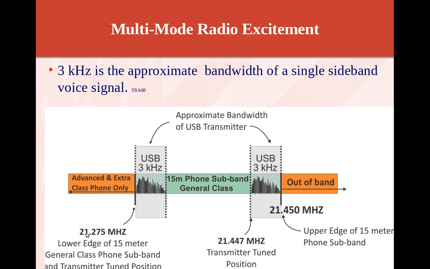So if you tune to 21.275, you're going to be okay because you're going to be in the upper region above 21.275. However, you want to be careful with upper sideband not to get too close to the upper edge. The maximum you can have is 21.447 on your indicator on your radio, and you don't want to go beyond that because then your sideband would be out of band.